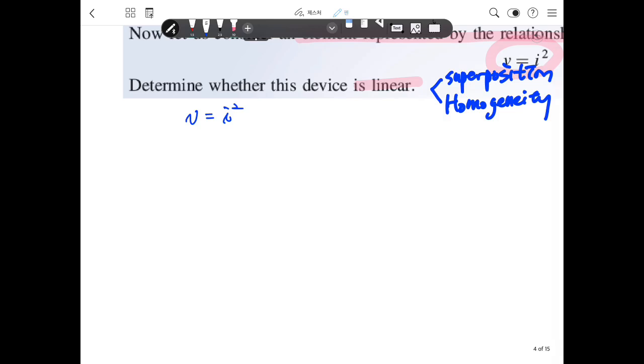So first we'll check the superposition. The system is V equals I squared. Then we insert some input I1, then the result V1 is I1 squared. And we add another input I2. Whatever it is, we insert a different input I2, then the result V2 will be I2 squared.